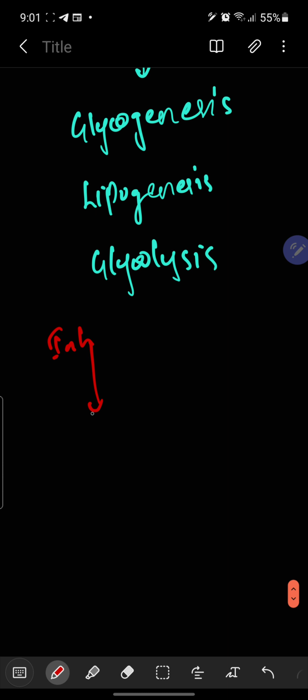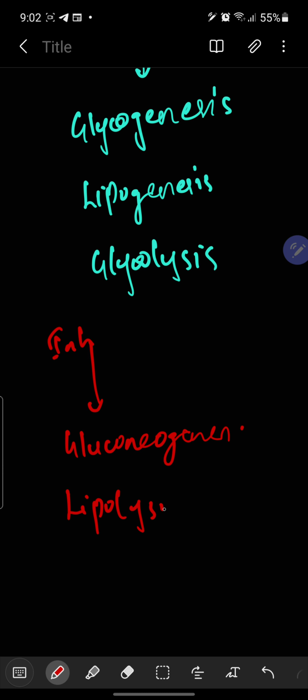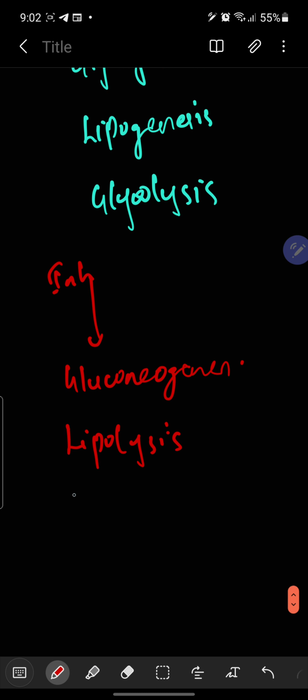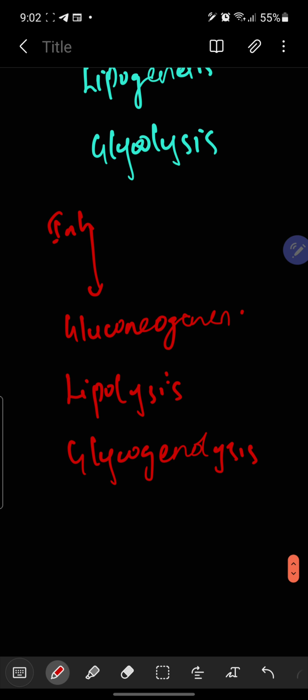That means it will inhibit gluconeogenesis. It inhibits lipolysis, the reverse of what we have discussed, and glycogenolysis. These three are things that we have already discussed.